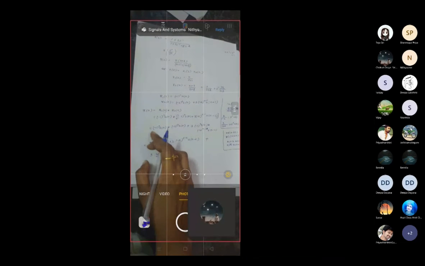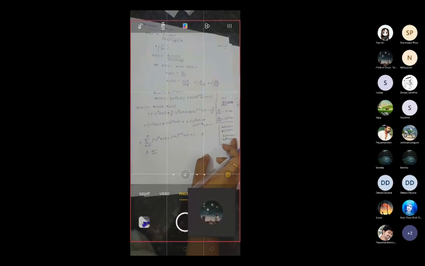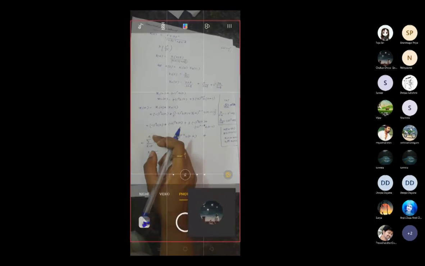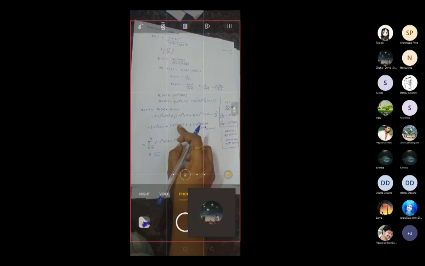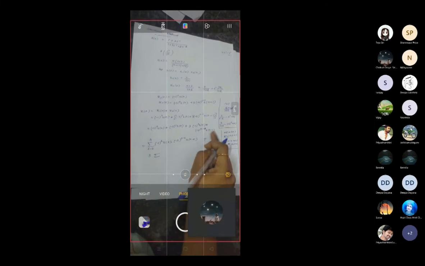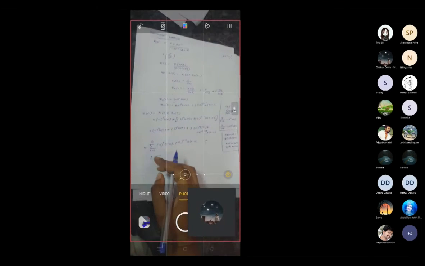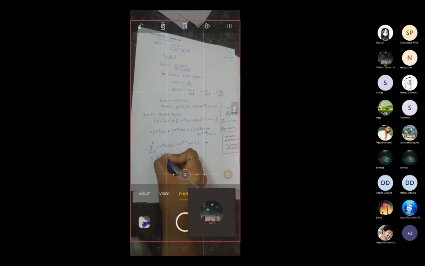The upper limit should always be in terms of n. Here, in the second term, you have n value as n minus 1, so the limit will be k equal to 0 to n minus 1.